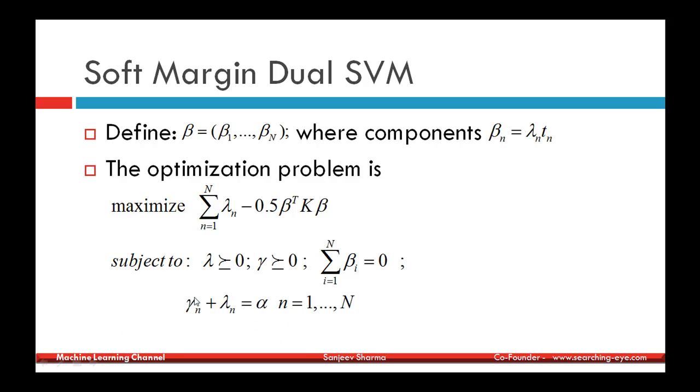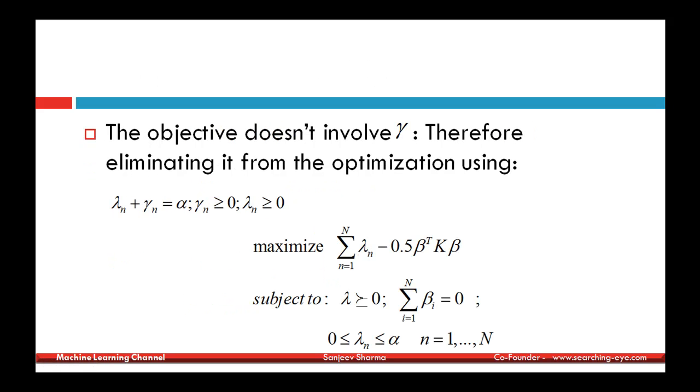And since this gamma n is not appearing anywhere in the objective function, we can eliminate gamma from the dual formulation of SVM. By utilizing the fact that lambda n plus gamma n is equal to alpha and gamma n is greater than or equal to 0, we can replace these constraints with a single constraint that lambda n should be from 0 to alpha.